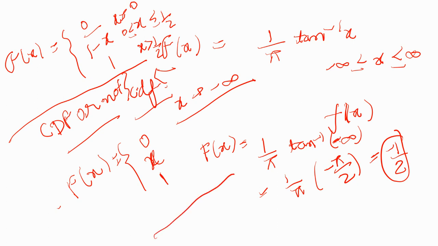So at this point it is not right hand continuous. If it is not right hand continuous, then it will not be a CDF. If you think generally, you will think that this is a CDF, but it is not.